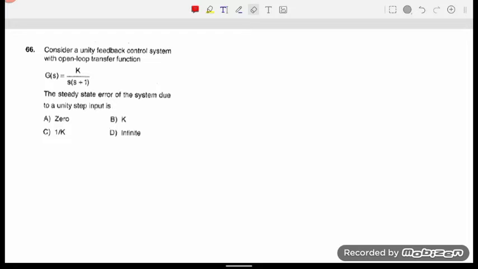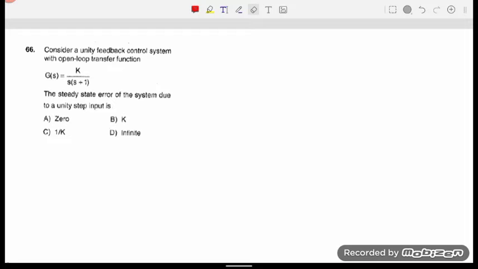It says: consider a unity feedback control system with open loop transfer function G(s) equal to K by s into (s plus 1). The steady state error of the system due to a unit step input is.